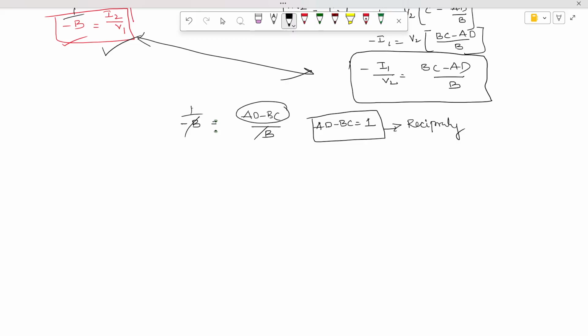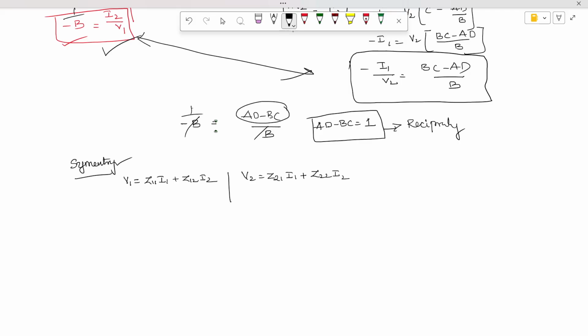So now we want to prove the condition for symmetry. Here directly we will not do it, we will make use of the Z parameter model. In the Z parameter model we have V1 is equal to Z11 I1 plus Z12 I2 and V2 is equal to Z21 I1 plus Z22 I2.